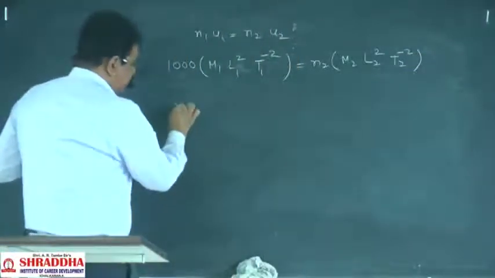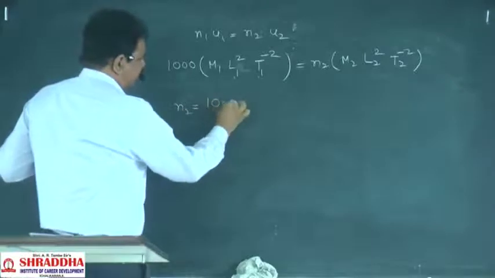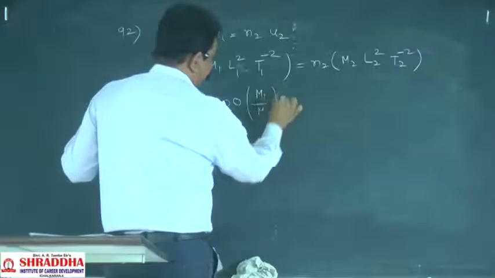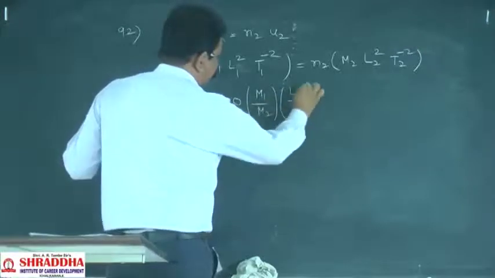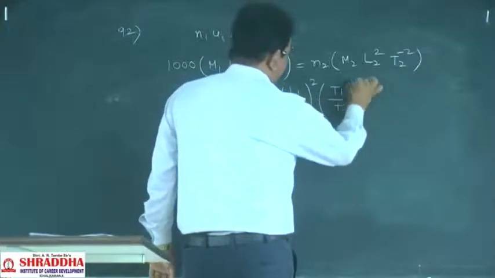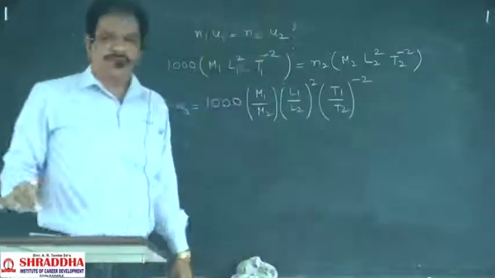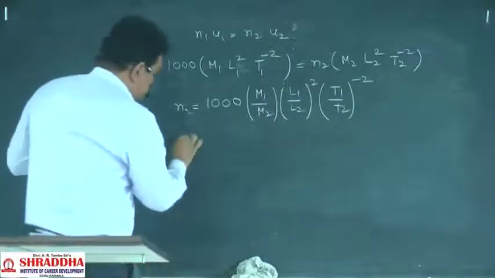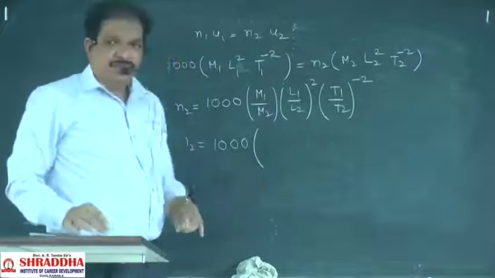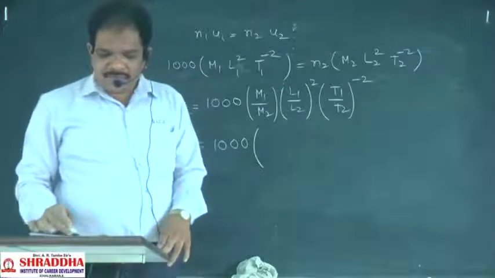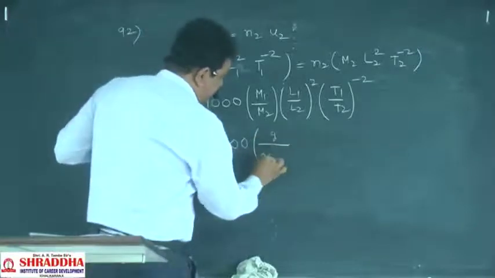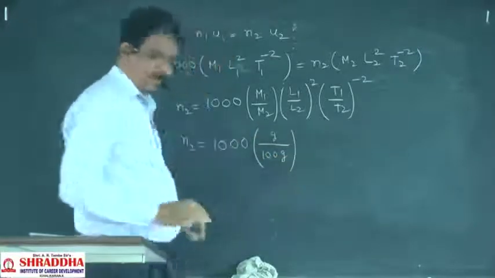So n2 is equal to 1000 m1 by m2, L1 by L2 whole square, T1 by T2 power minus 2. So n2 is equal to 1000 m1 by m2. M1 will be gram, m2 will be 100 gram.